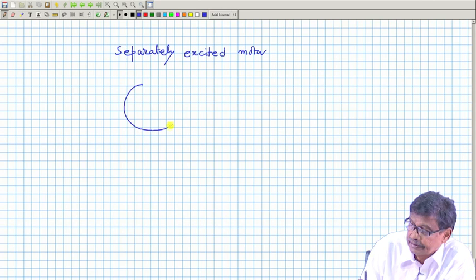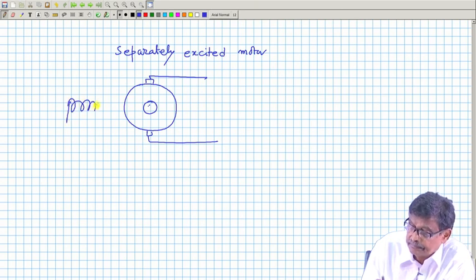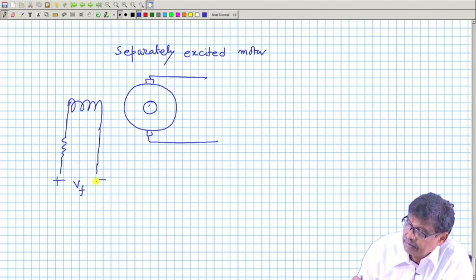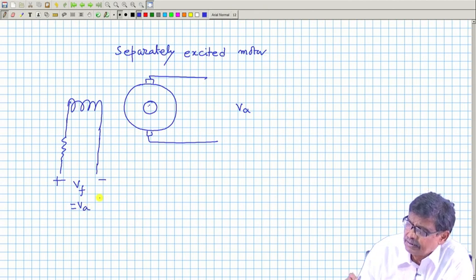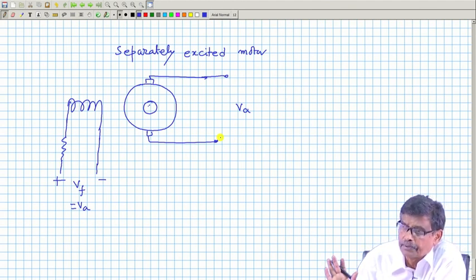So, this is the thing, this is shaft, these are the brushes, armature, and this is the field. Here is your Vf, here is your Va. Normally, Vf will be equal to Va, that is normal case. But since separately excited motor, what happens? You would like to vary the armature voltage separately.